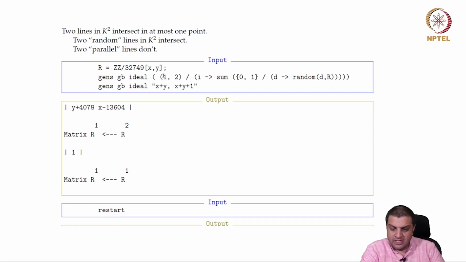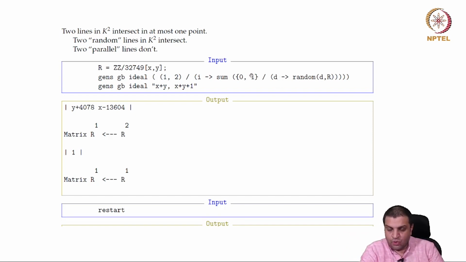So here is a sequence 1, 2. Now apply to every element in this. This slash a function is just a shorthand for the apply function. Apply to every element the function which takes i to the sum of some things. Now what are those things? Take the list 0, 1, and to this list apply the function d.